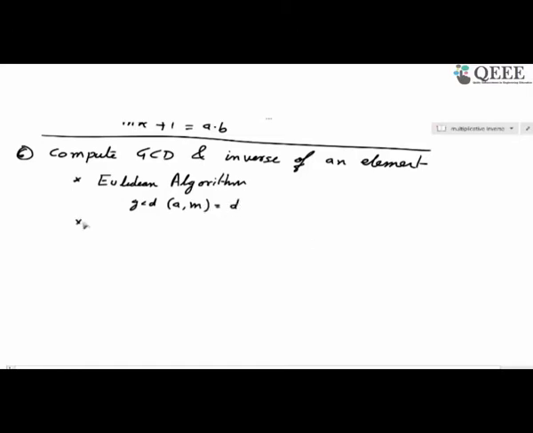Now, especially if d equal to 1, the extended Euclidean algorithm, that is an extension to this Euclidean algorithm, was used to actually find the inverse of a mod m.